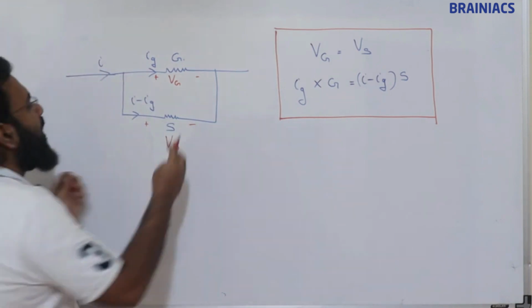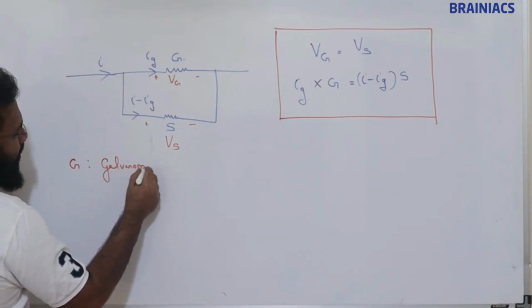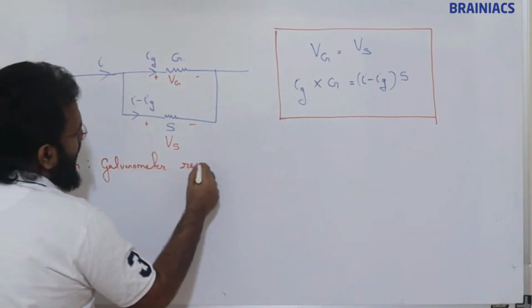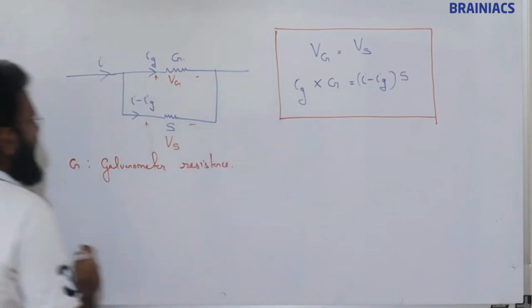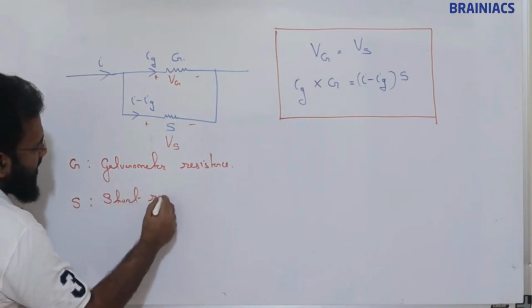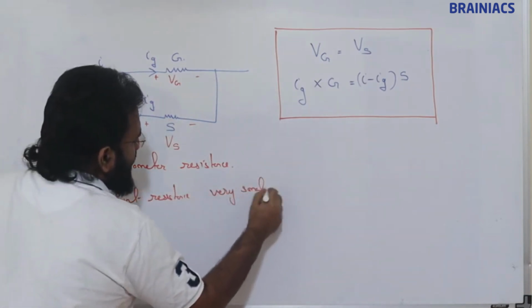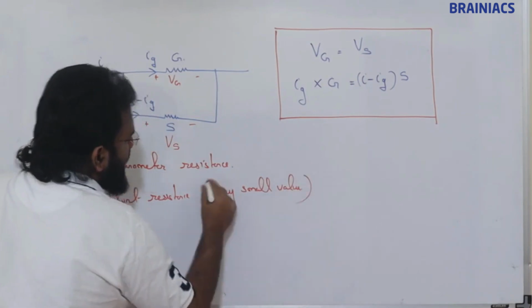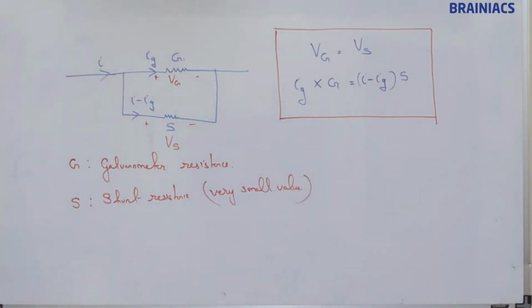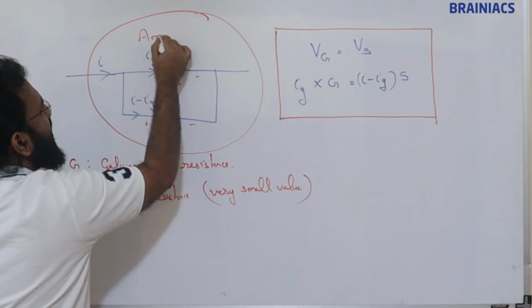G is the galvanometer resistance, S is the shunt resistance, which is a very small value. So this entire setup is what is an ammeter.